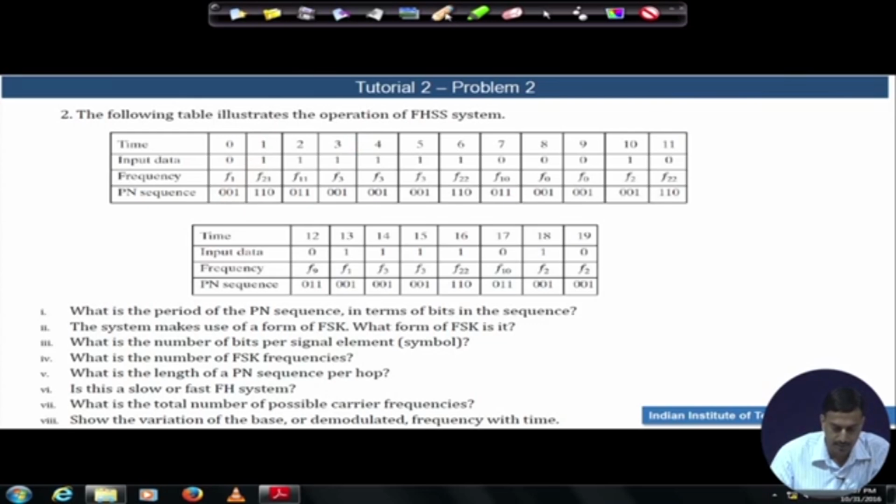So we have this 5, 1 2 3 4 5, and this same thing is repeated over here, as we can see. So this sequence is similar to this, and so on. So basically the period of the PN sequence in this case is 5 into 3, which is 15 bits.